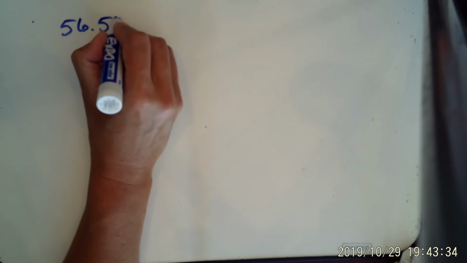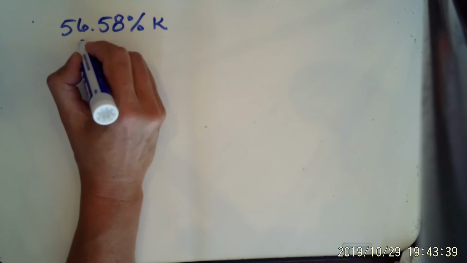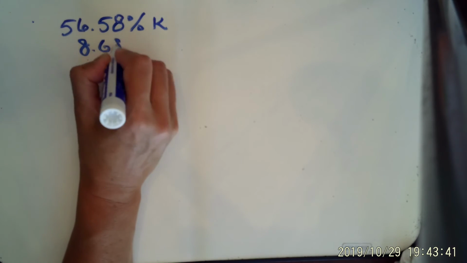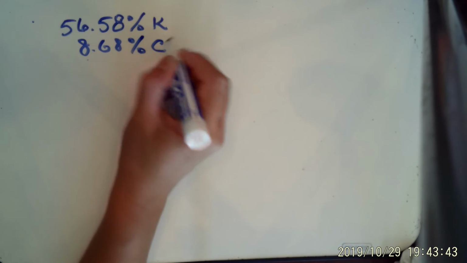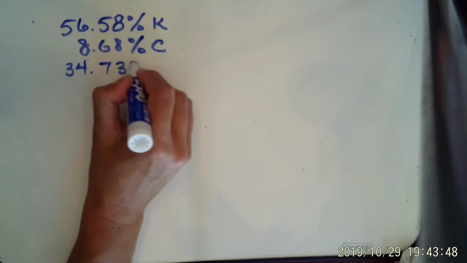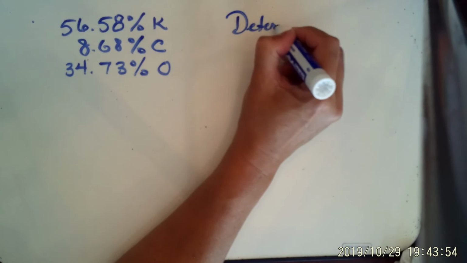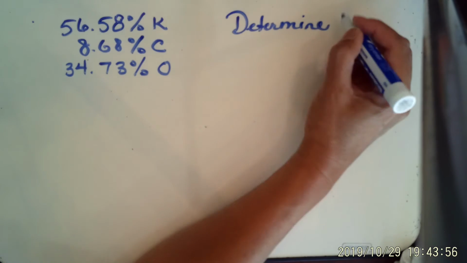Suppose you have a sample with a composition of 56.58% potassium, 8.68% carbon, and 34.73% oxygen. Determine the empirical formula.